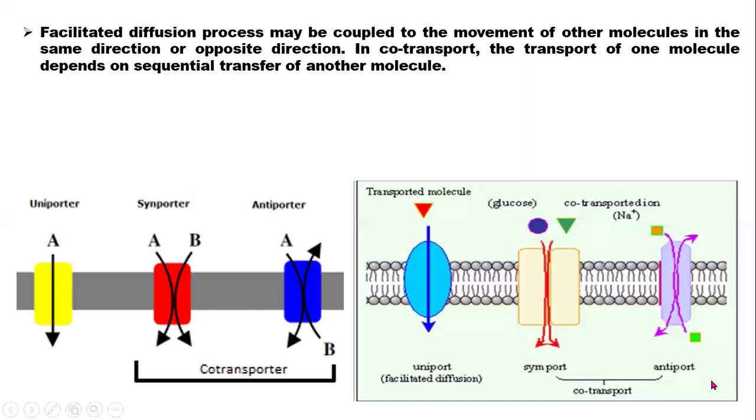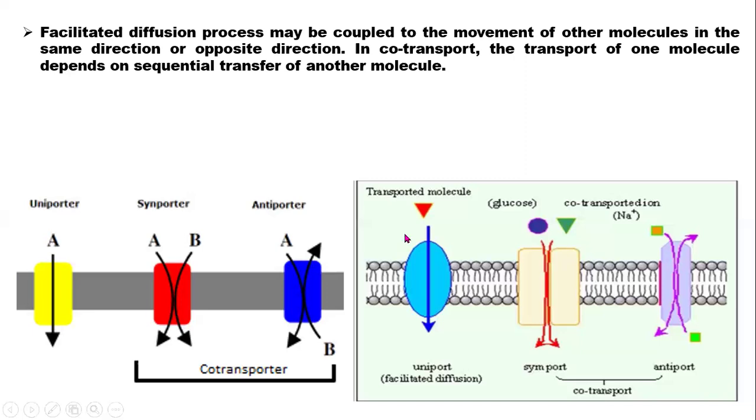While sodium is coming in, potassium is going out, okay? While here you can have both glucose and sodium going inside the cell. So we can see a symport moves two molecules in the same direction, for example, the sodium glucose transporter. While for antiport, we can say a system that moves two molecules in opposite directions, which is also known as counter transport, for example, the sodium potassium transporter, as we earlier explained.